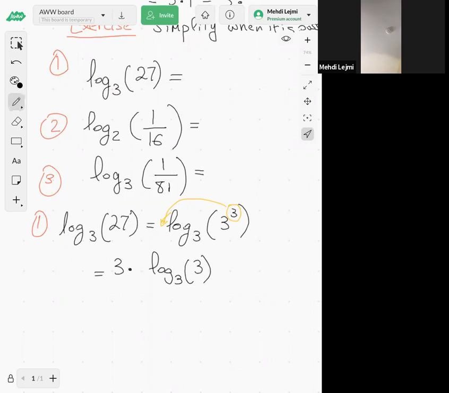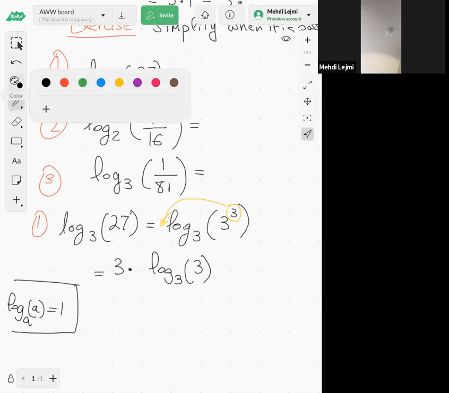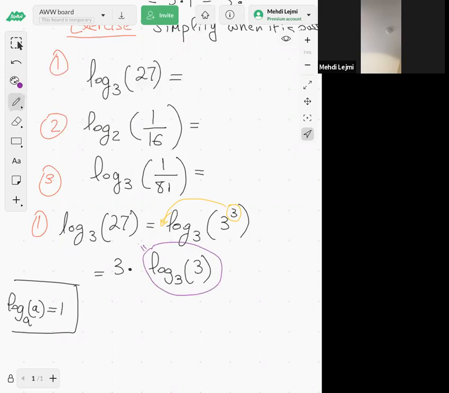But we said log in base a of a is always equal to 1, for any positive number a. So log in base 3 of 3 is 1, and that's 3 times 1, which is equal to 3.